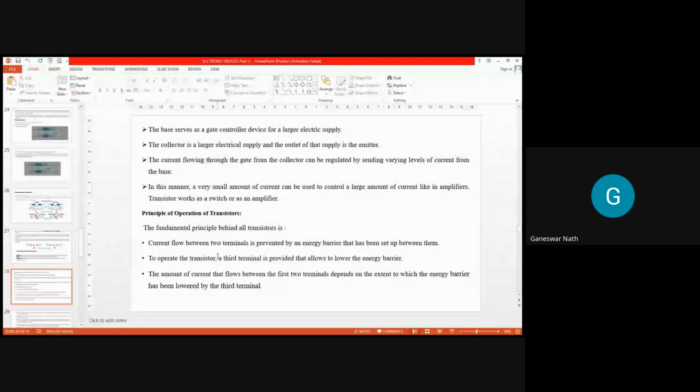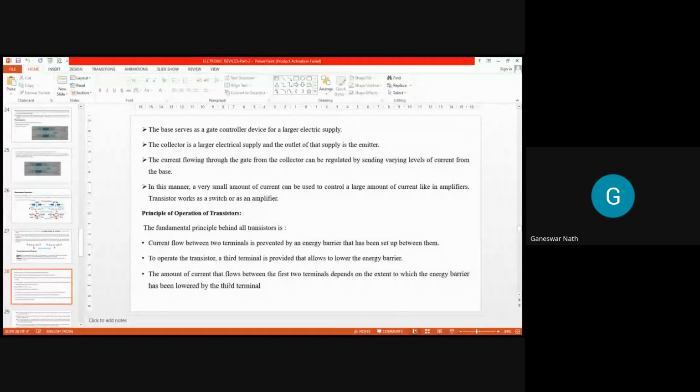Then we are coming back to the principle of operation. The fundamental principle behind all transistors is that the current flow between two terminals is prevented by an energy barrier that has been set up between them. To operate the transistor, a third terminal is provided that allows lowering the energy barrier.